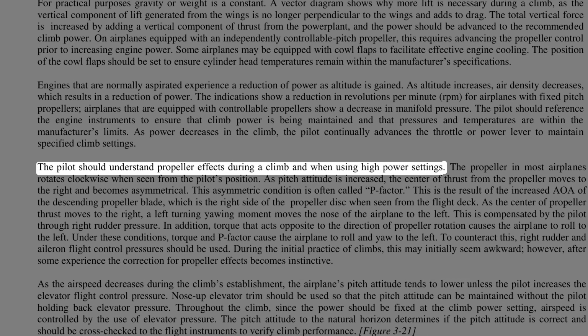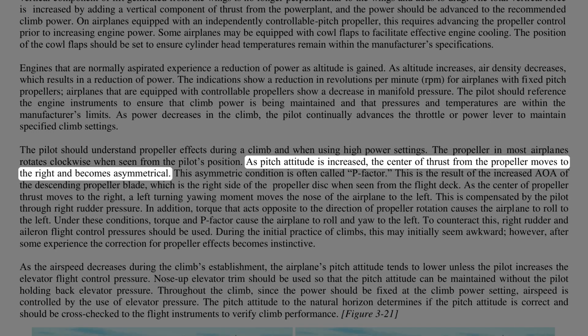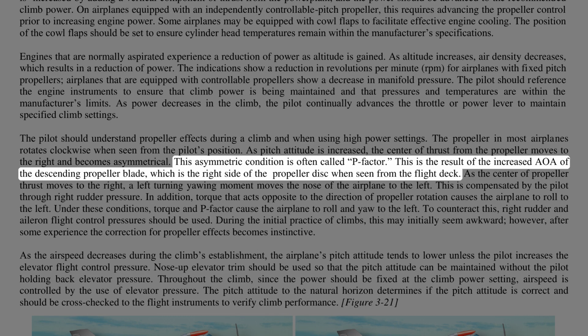The pilot should understand propeller effects during a climb and when using high power settings. The propeller in most airplanes rotates clockwise when seen from the pilot's position. As pitch attitude is increased, the center of thrust from the propeller moves to the right and becomes asymmetrical. This asymmetric condition is often called P-factor.